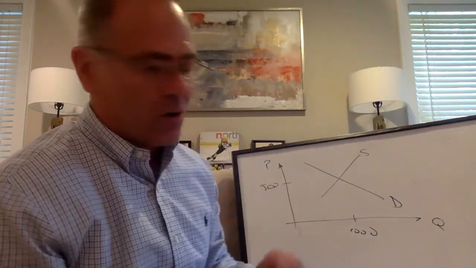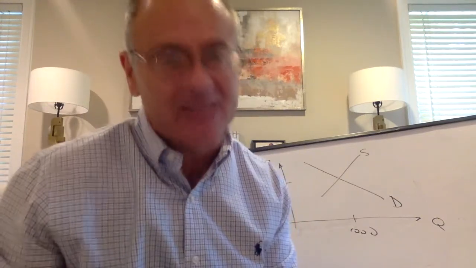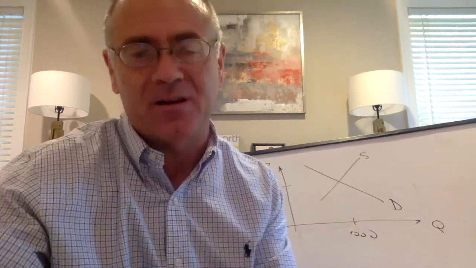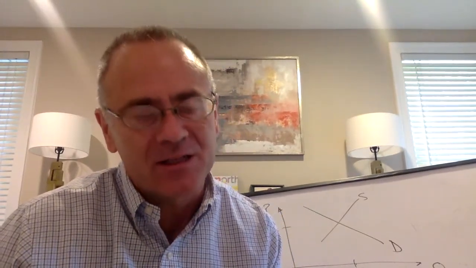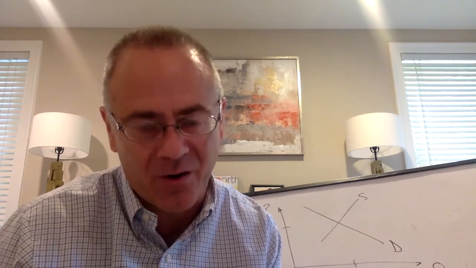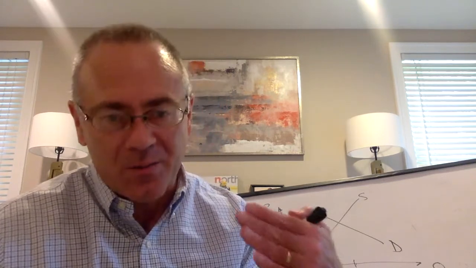Okay, so we're going to talk about things that cause a shift in the demand or supply curve. Always remember, usually if we have a shift in the supply curve, it will be because somehow manufacturing costs went down or went up for some reason.